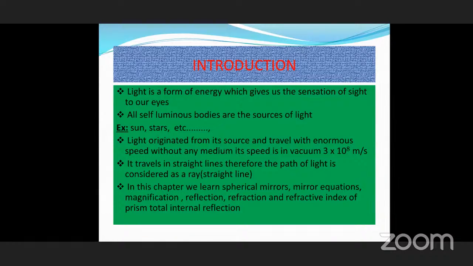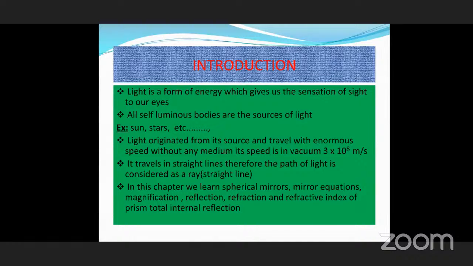Actually, all of you know light is a form of energy which gives us the sensation of sight to our eyes. We can see all the objects not only by having eyes; there should be the help of light. All bodies are divided into two parts, luminous and non-luminous bodies.